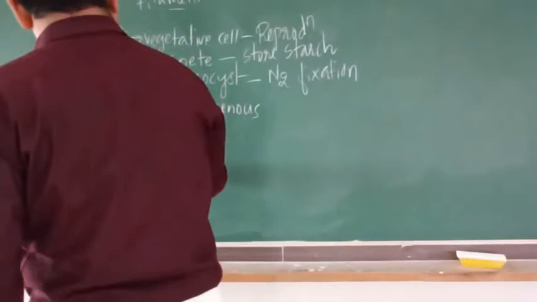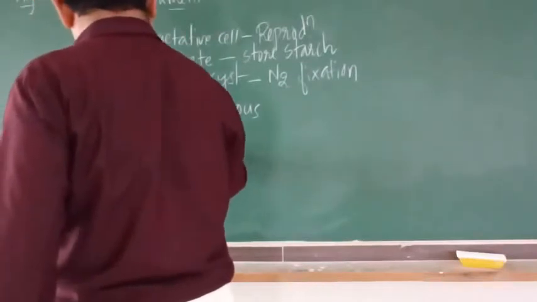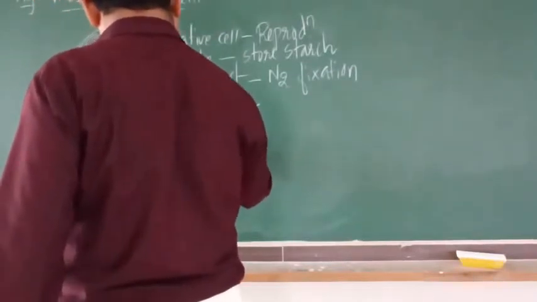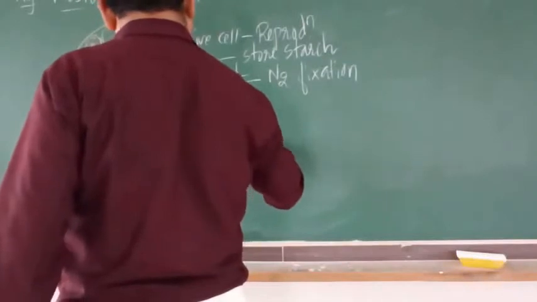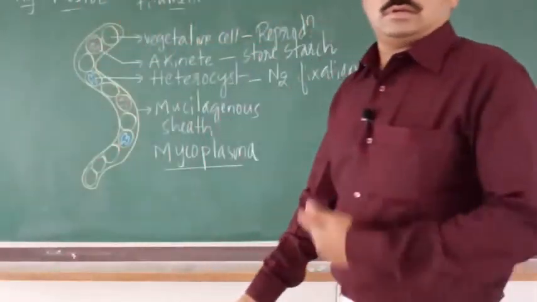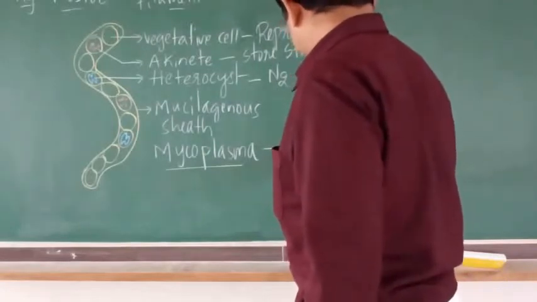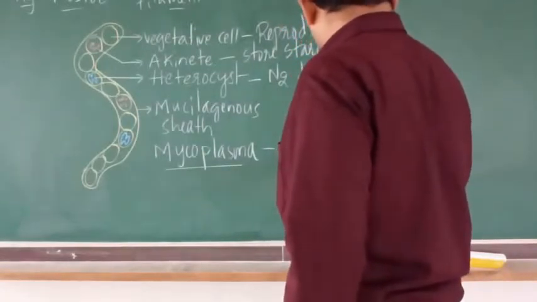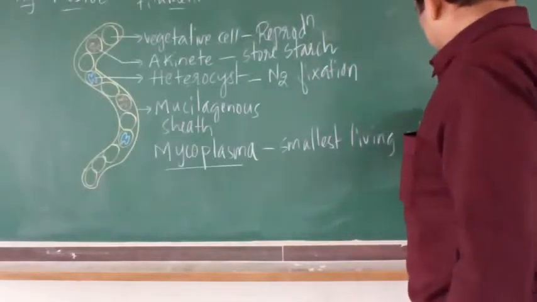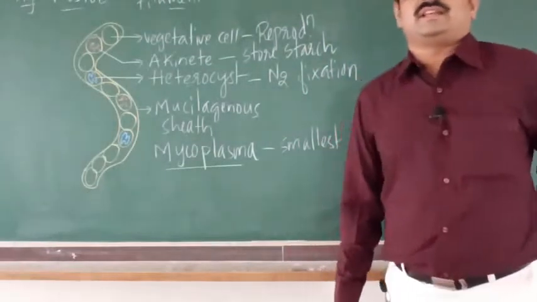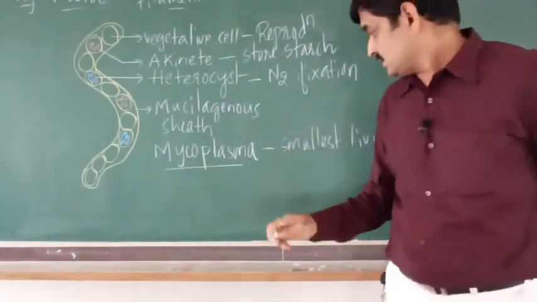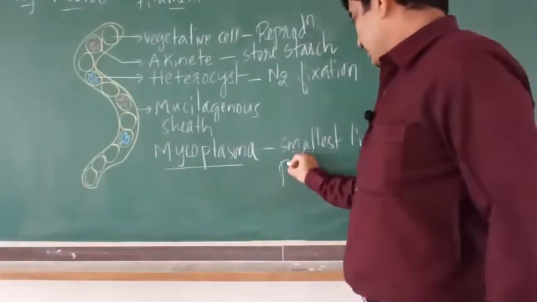Then after this, we shall consider Mycoplasma. Mycoplasma are the smallest living cells, right? Now these are basically prokaryotes.